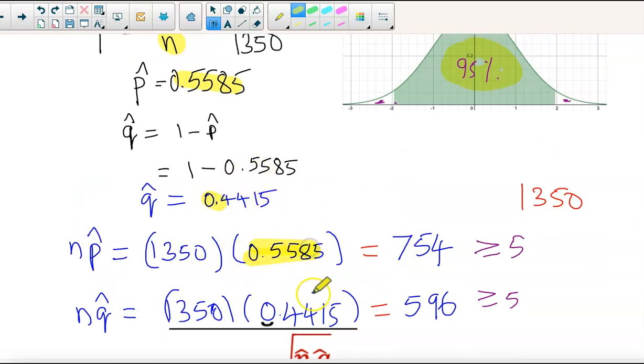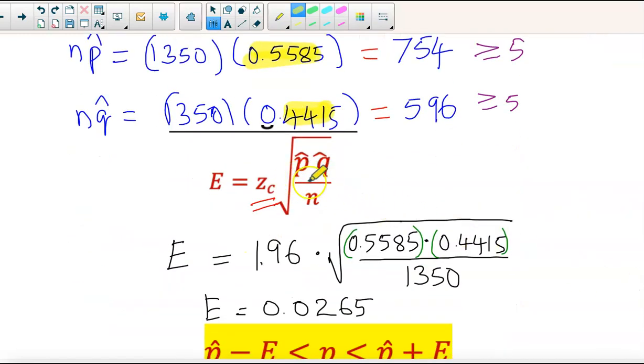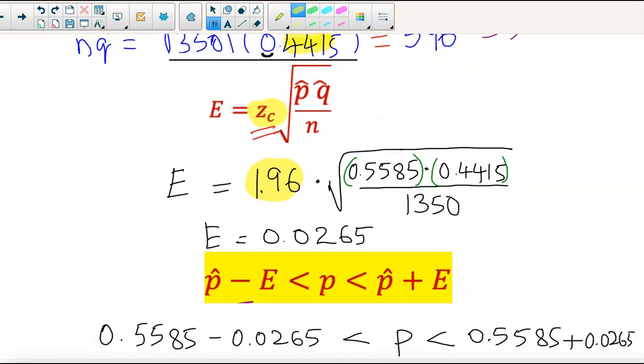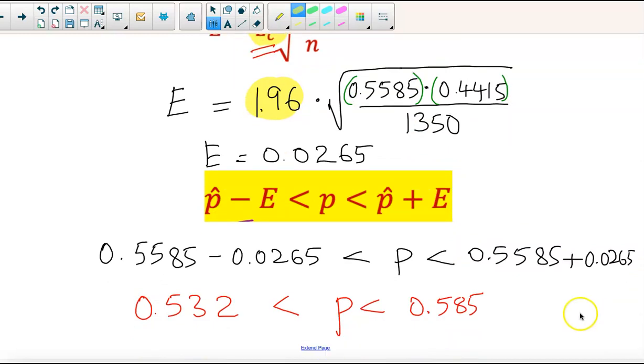Then in the margin of error, Z is given because of the 95% confidence interval. Very easy, provided we know where to substitute what. Simplify carefully, and you will get everything right. Okay? Thank you so much.